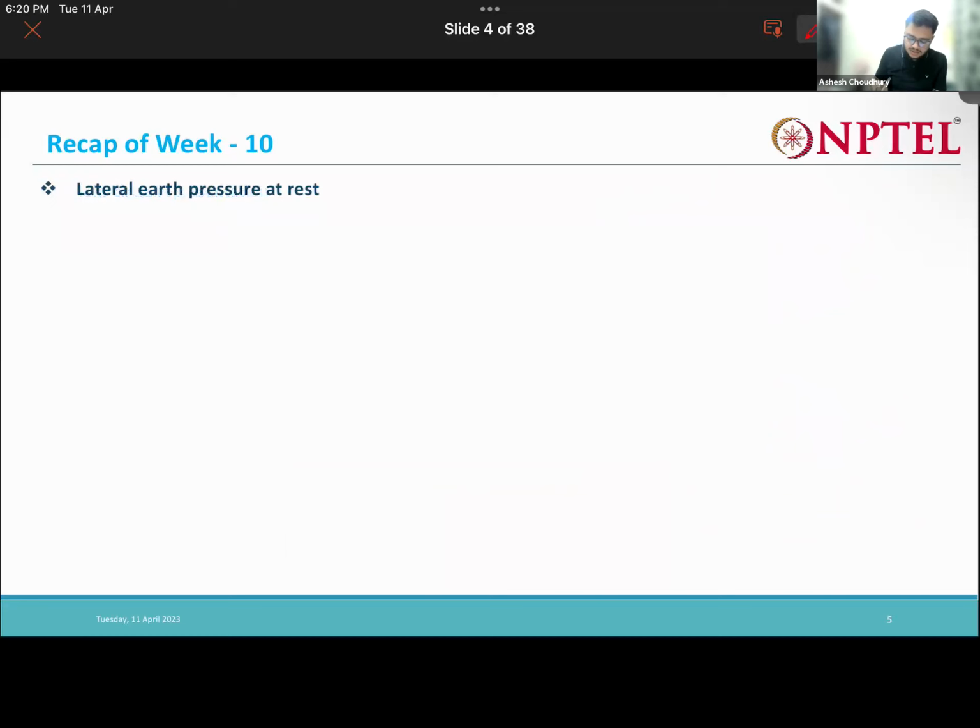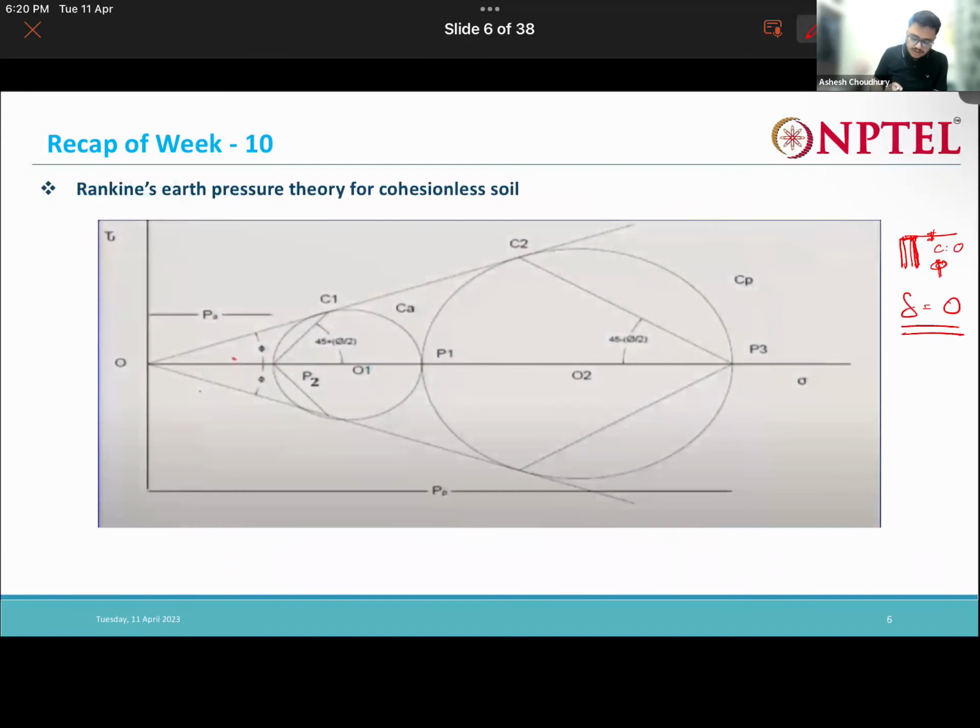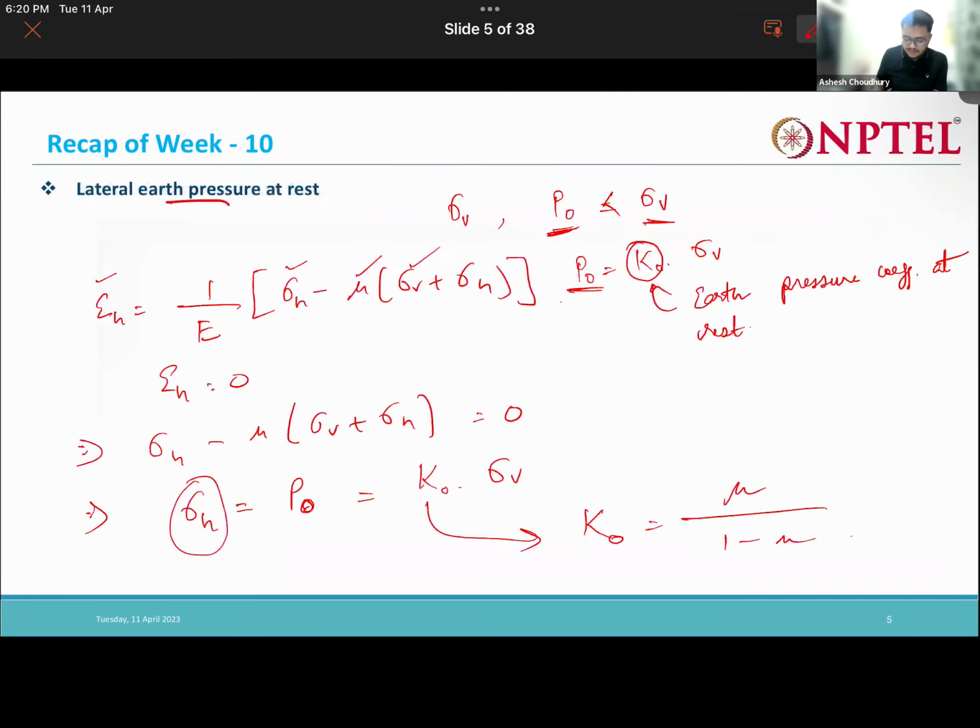The same thing is given here. This is my active circle, this is my passive circle. You can see that the failure planes make 45 plus phi by 2 with the horizontal in the active case, and in the passive case, 45 minus phi by 2 with the horizontal.